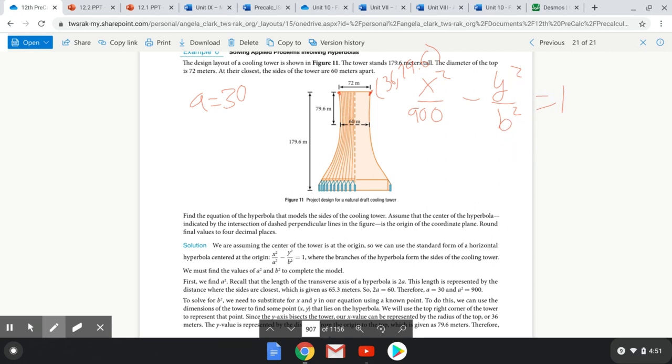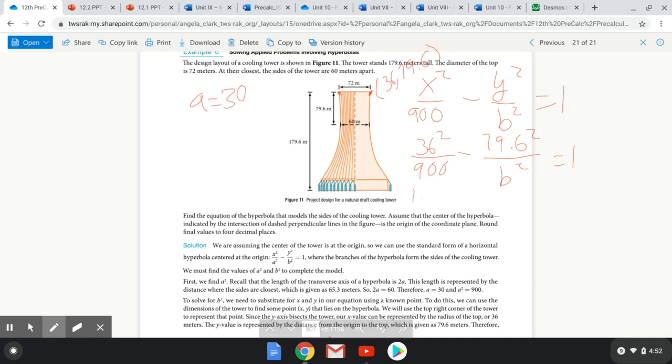That is the plan. So we have 36 squared over 900 minus 79.6 squared over b squared equals 1. So 36 squared is 1,296 divided by 900 is 1.44.